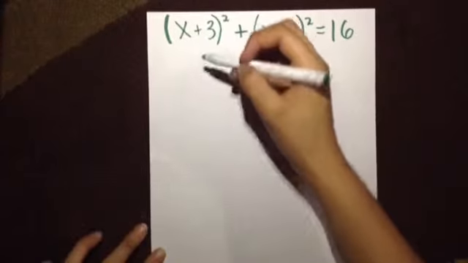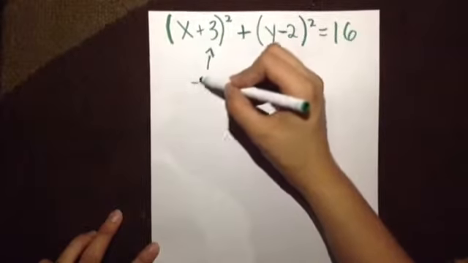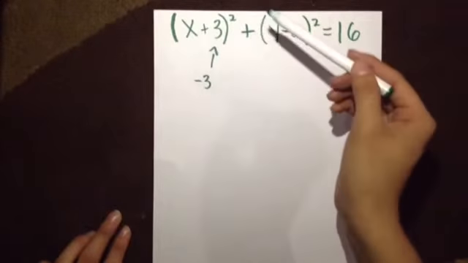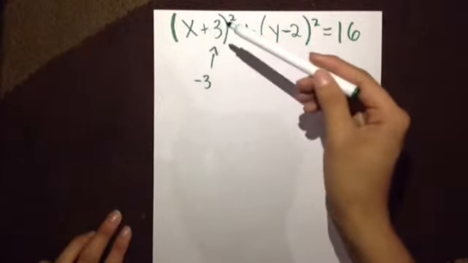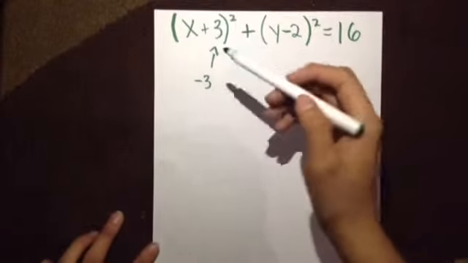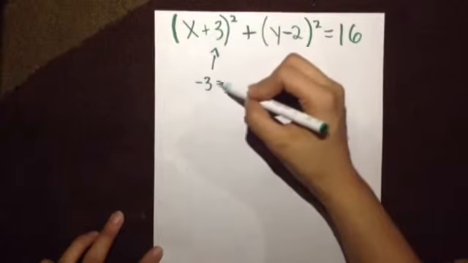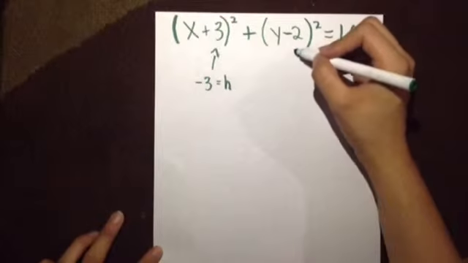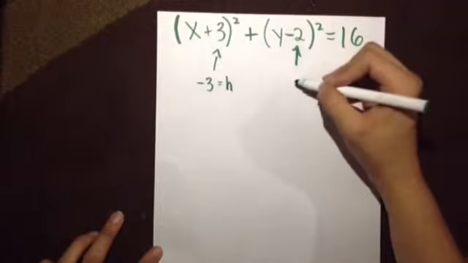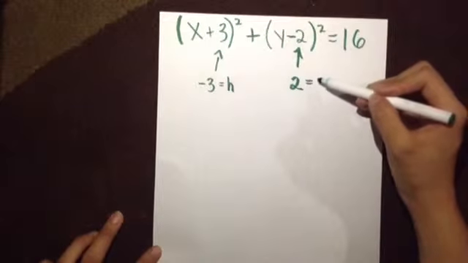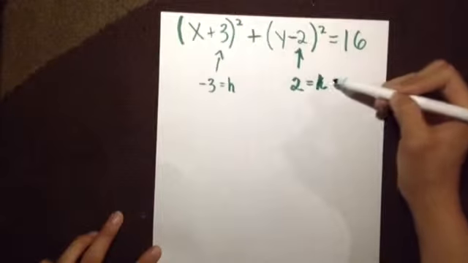This is gonna be negative 3 because the standard equation is x minus h, which would make this a negative 3 in order to get a positive here. So this is gonna be our h, and this is gonna be a positive 2, which is gonna be our k.